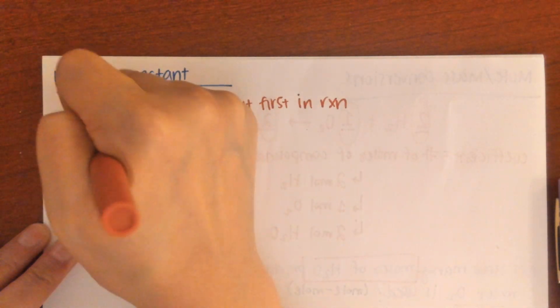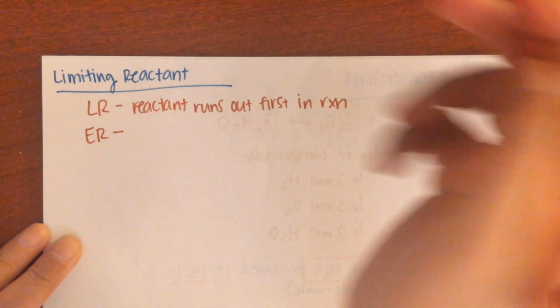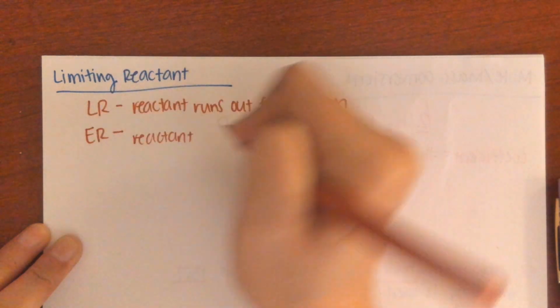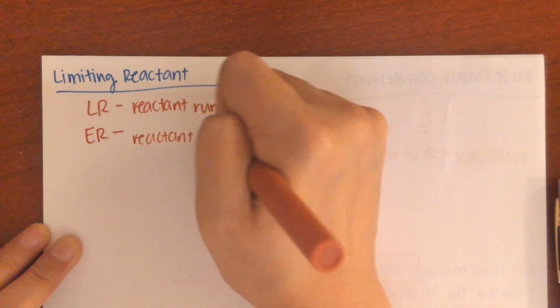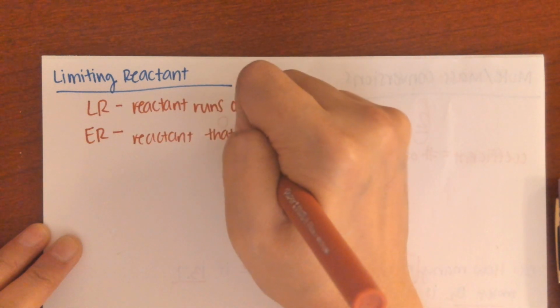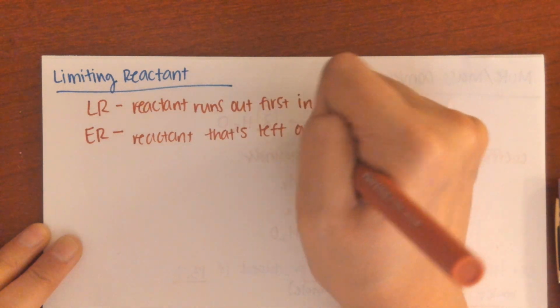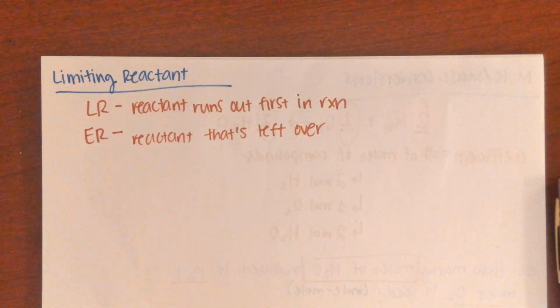And then when there's a limiting reactant, there's an excess reactant, which is the reactant that's left over. So think about making s'mores, making a sandwich, and you run out of an ingredient first. That basically forces you to stop.